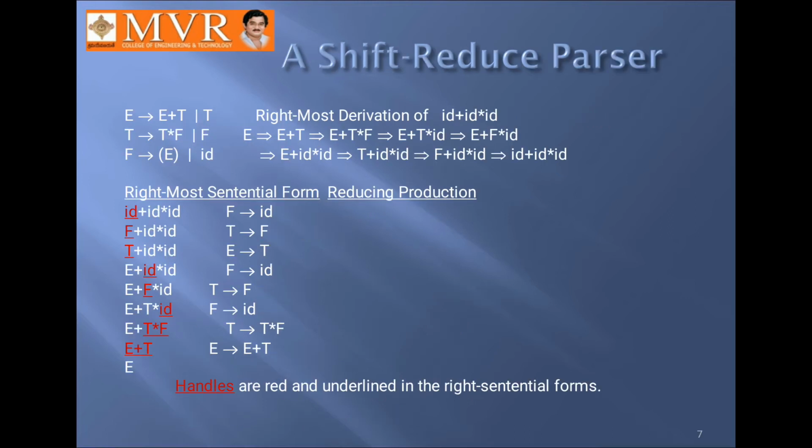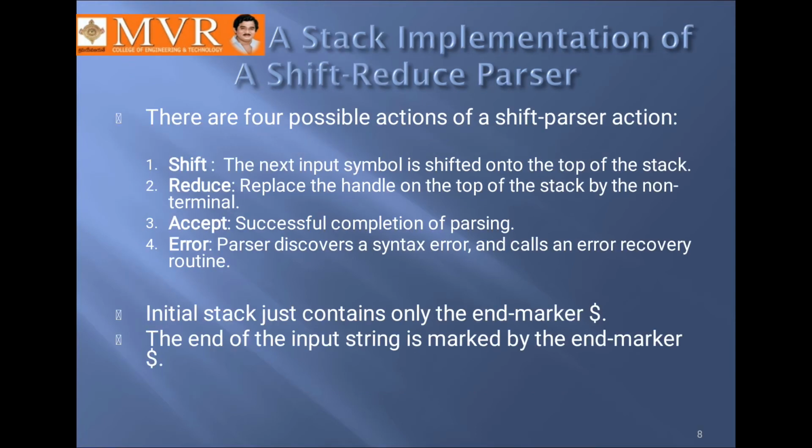This is the example for the shift-reduce parser. Already we have done this example while taking the rightmost derivation. Coming to the implementation of the stack for the shift-reduce parser, there are four possible actions: first shift, second reduce, third accept, fourth error.